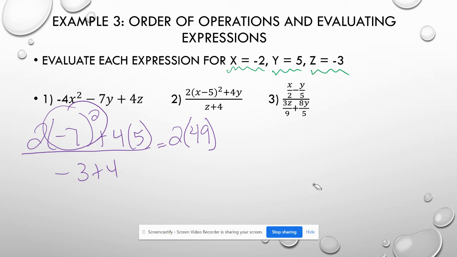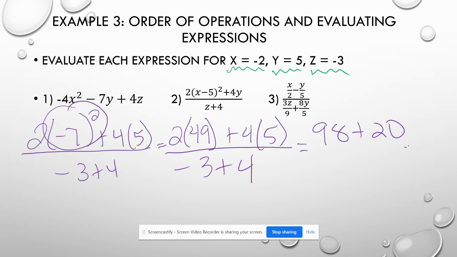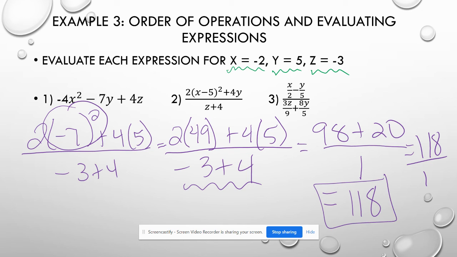And we bring over the plus 4 times 5. Take care of the multiplication on the top. 2 times 49 plus 4 times 5 gives us 98 plus 20. I'm going to go ahead and take care of the -3 plus 4 on the bottom, which is 1. 98 plus 20 is 118 over 1, and 118 divided by 1 is 118.